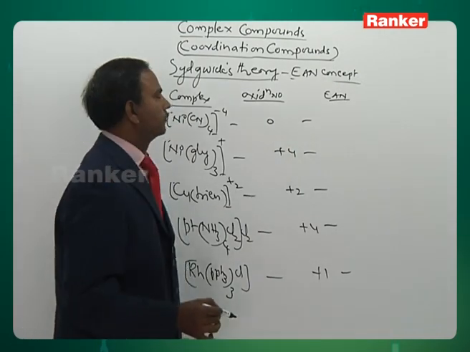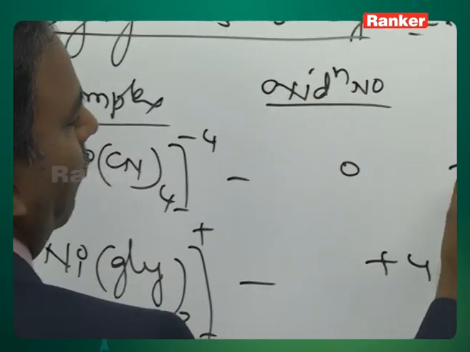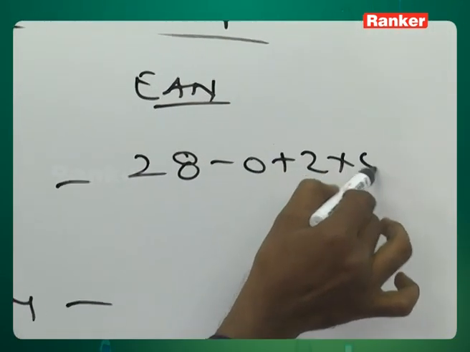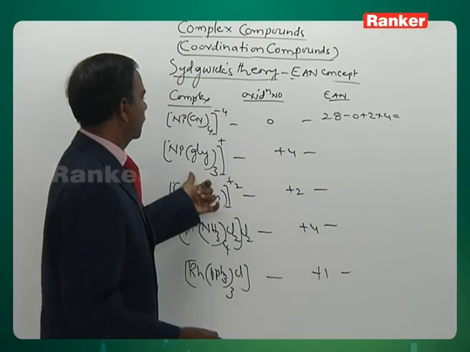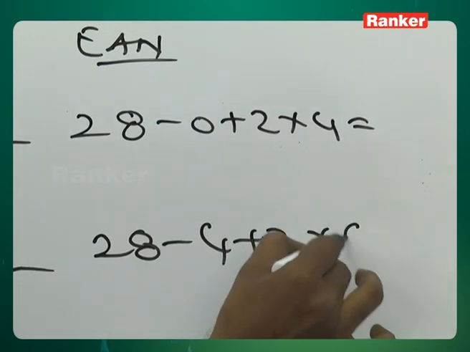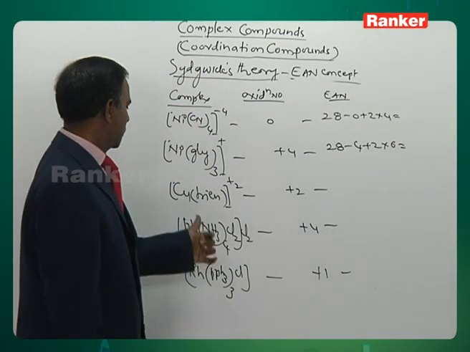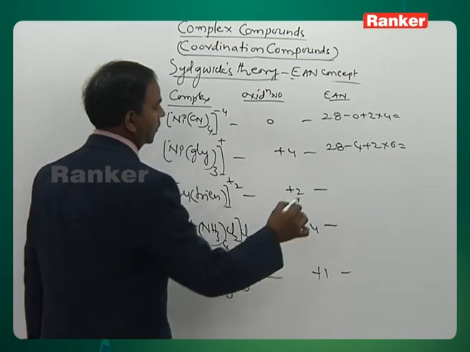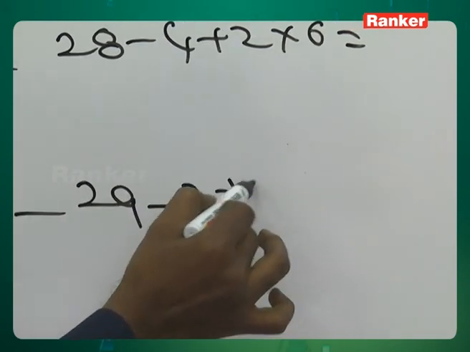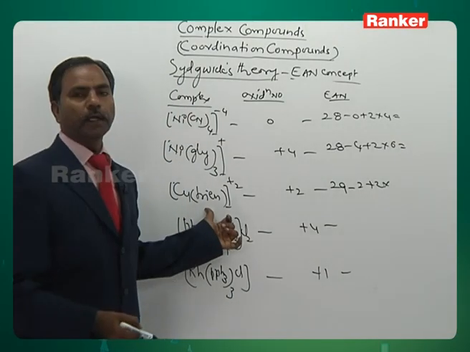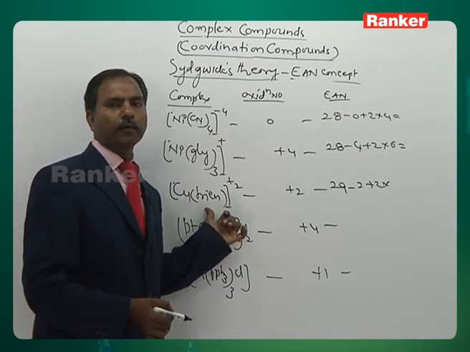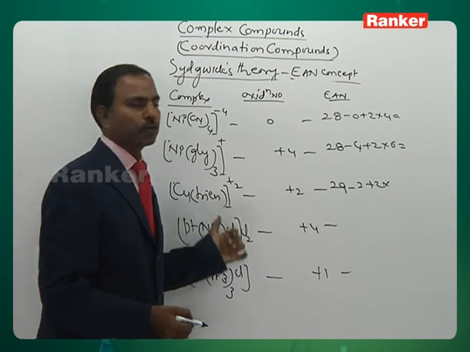Now, according to our EAN equation, the atomic number, for the first one, 28 minus 0 plus 2 into coordination number 4. Nickel again, you take 28 minus 4 plus 2 into 6. And copper triene, it is 29 minus 2 plus 2 into 4, because triene is triethylenetetramine, a tetradentate ligand, so coordination number comes to be 4.